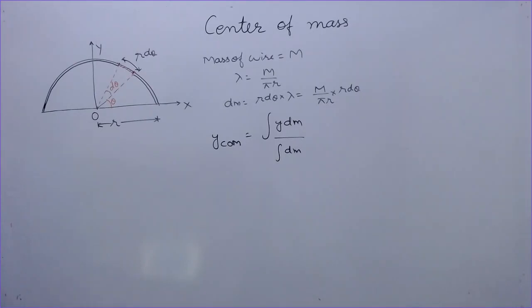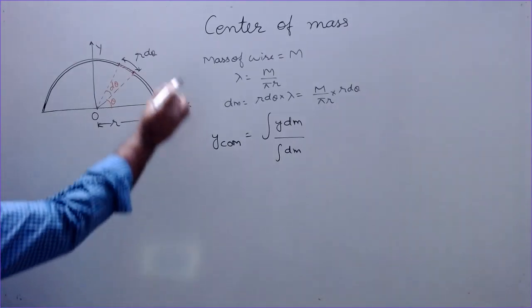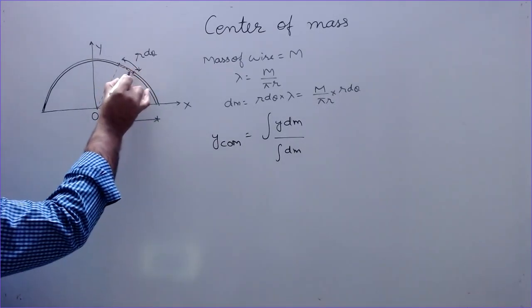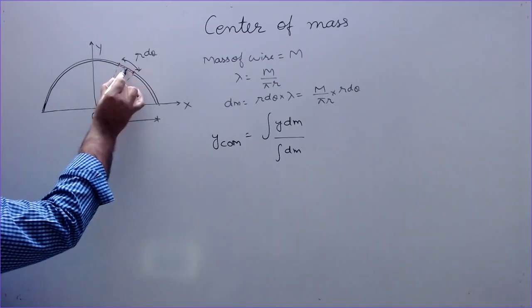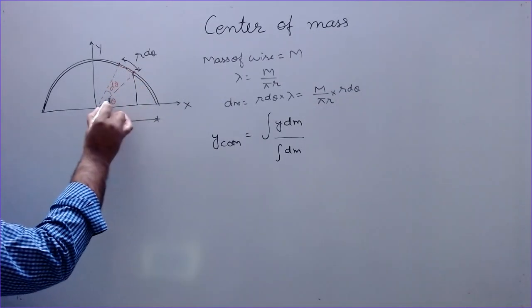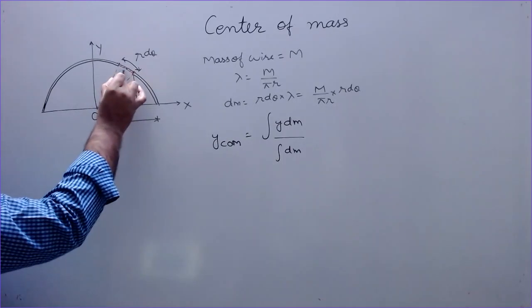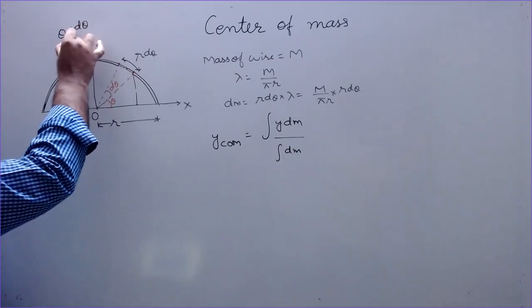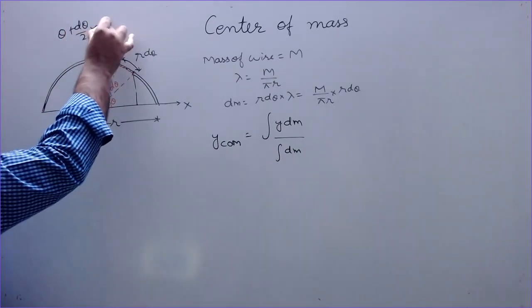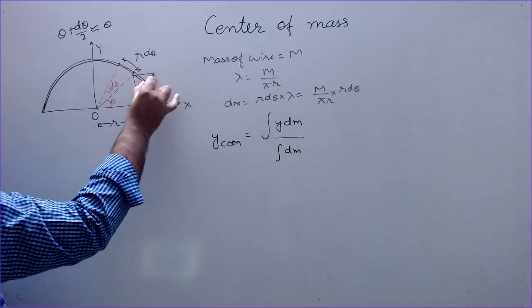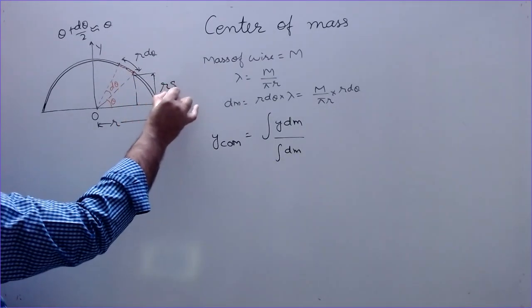So now we will put the values in this. What is y? If you assume that the center of mass of this small element is at its center, this point can be taken here. So this is theta, and half of this angle will be d theta by 2. d theta is so small that theta plus d theta by 2 is approximately equal to theta, and this distance is r sin theta.